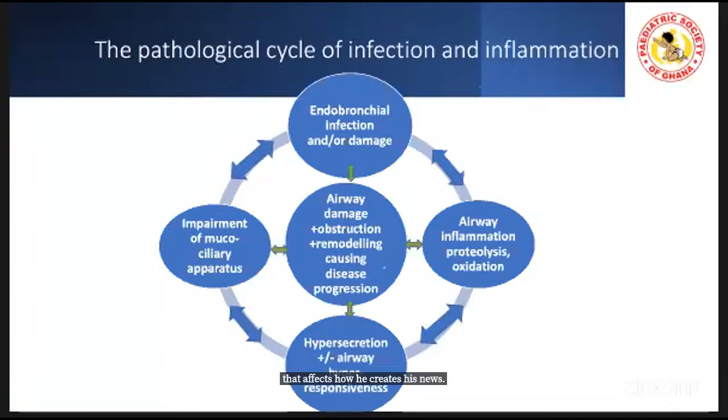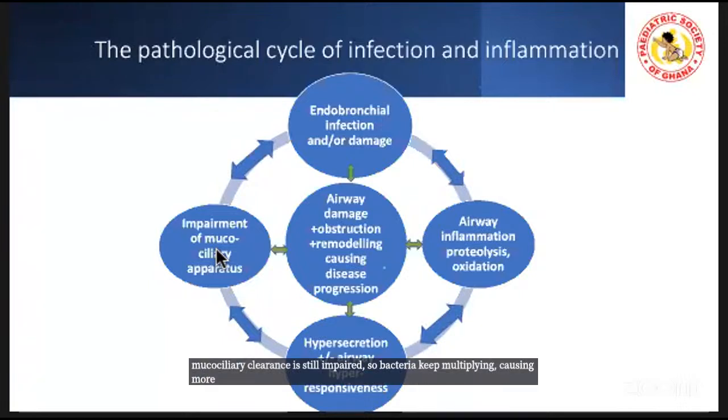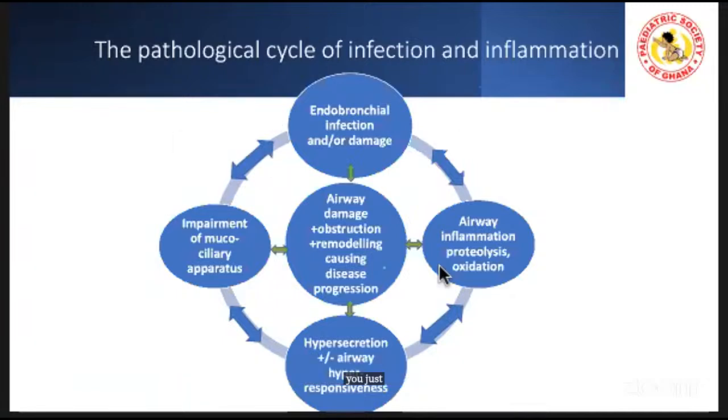So the mucus is not cleared well, bacteria stay there, they cause infection, and then damage the airway, breaking down the tissue, and then the body is not able to repair it, so it becomes dilated. Mucociliary clearance is still impaired, so bacteria keep multiplying, causing more inflammation, causing damage. So it just keeps going round and round and round, a vicious cycle. So knowing this underlying pathophysiology is what helps us to direct the therapy, to be able to break the cycle at any of these points so that it doesn't keep going round and then it's like a self-perpetuating cycle. Okay.